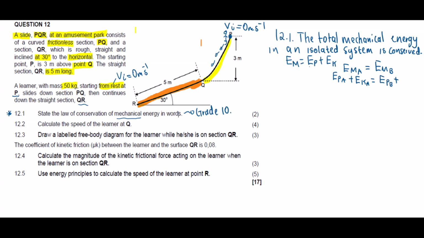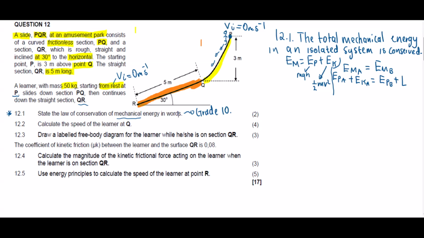Potential energy is mgh, and kinetic energy is half mv squared. So I'm just writing the conservation of mechanical energy formula there.